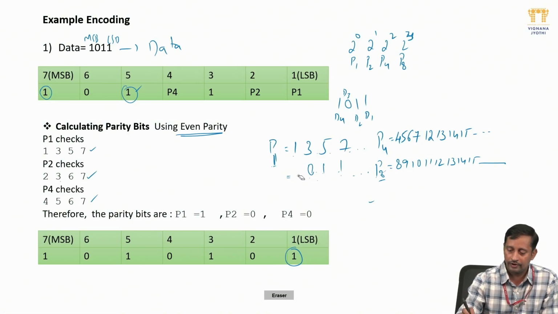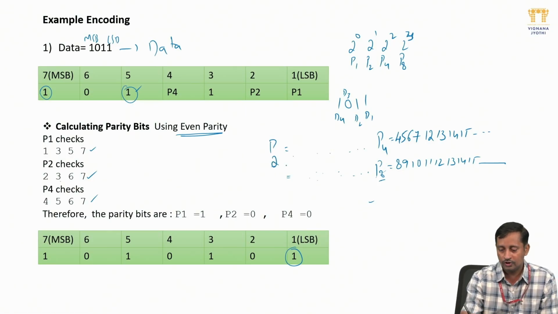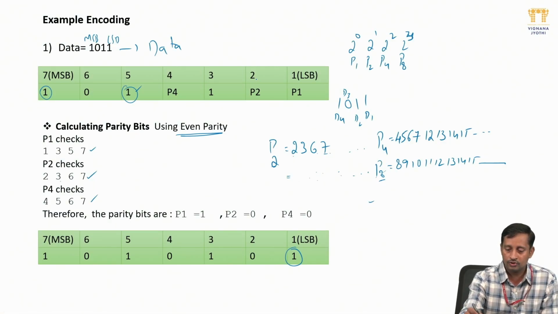In a similar way, we'll find the value for P2. What is the P2 sequence? It starts with 2, 3, 6, 7. Ours is 7-bit, so the maximum number should be only up to 7. Now what is in the second position? It's P2. In the third position, we have 1. In the 6th position, we have 0.